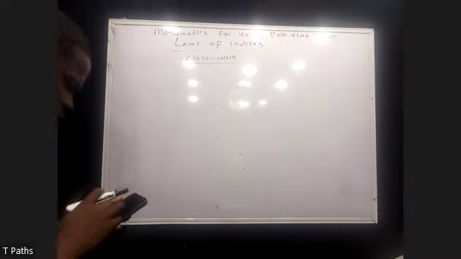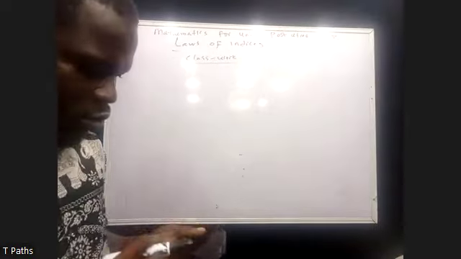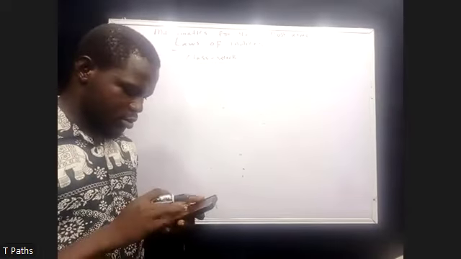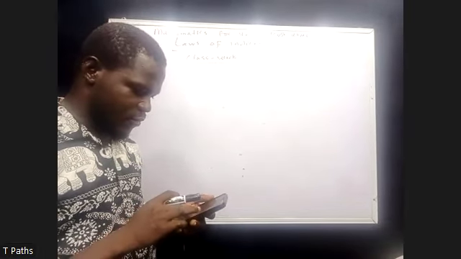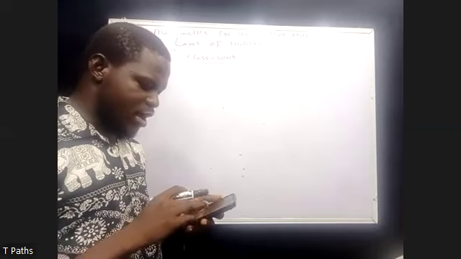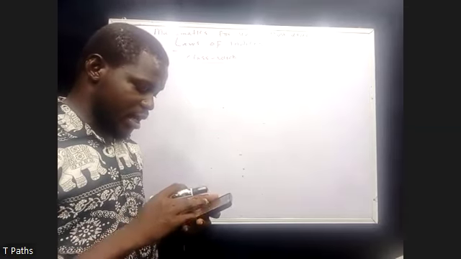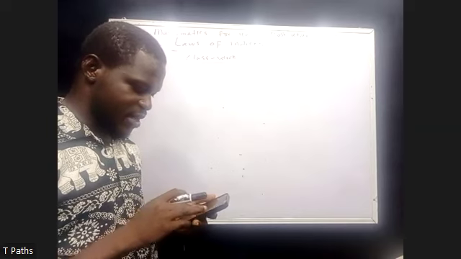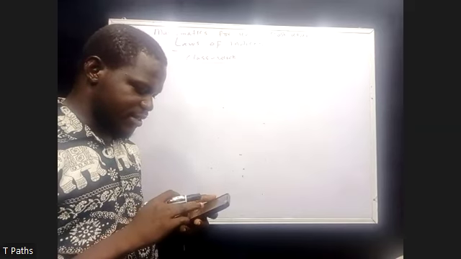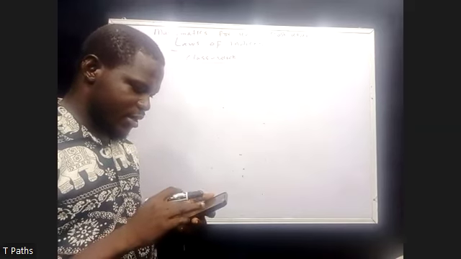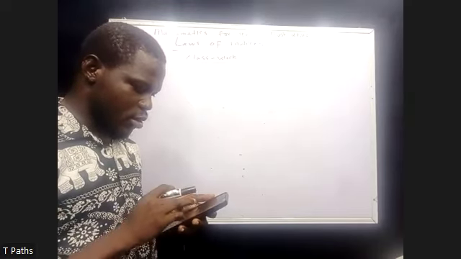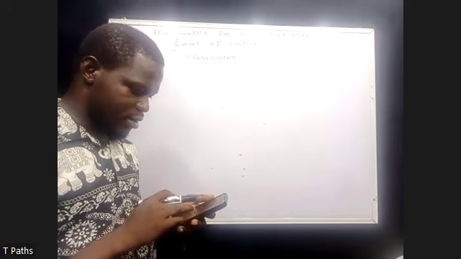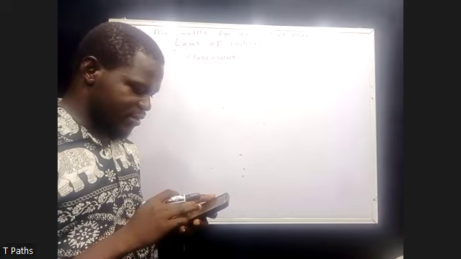I'm trying to think out the question from one of the past questions. You should just follow the steps one after the other. The first thing you want to achieve is that you make sure that all the bases are equal, like 2, 2, 2, or 3, 3, 3, or 4, 4, 4. You understand? That's the first thing you want to achieve.